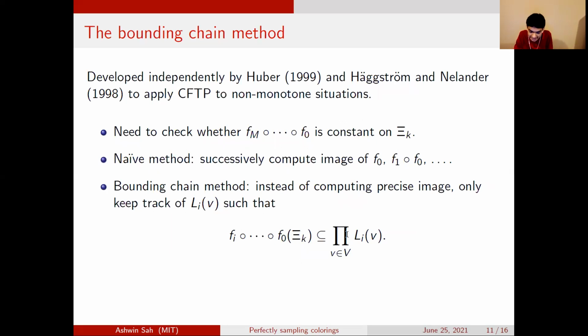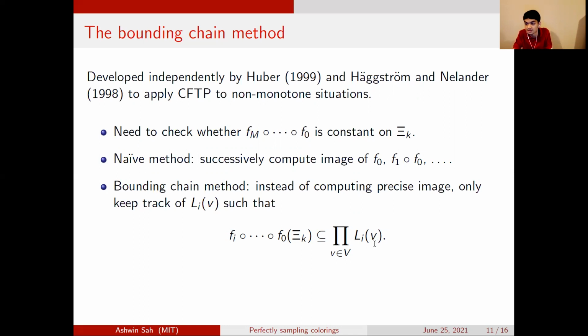Instead, one finds a chain of bounding sets which look like a product set. So at every vertex, I have a list of colors, and let's guarantee that after doing the i-th Glauber update, I can write down a computable list that might be random depending on some of the updates, and I know which random function f_i it is.